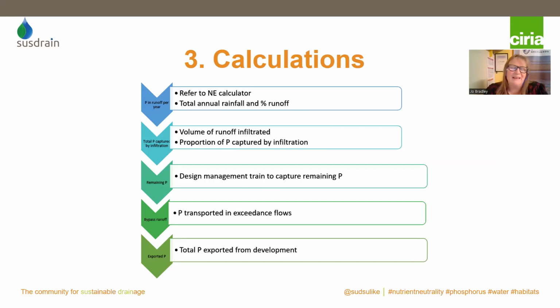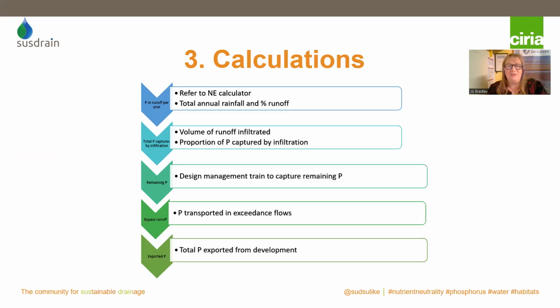So I'll try and go through this quite quickly, but it's quite complicated. Because of the nutrient neutrality methodology, there is the calculation that you do to look at current land use and future land use, and the difference between the phosphorus load from current land use and the phosphorus load from future land use. And then you work out your phosphorus budget by comparing those two things.